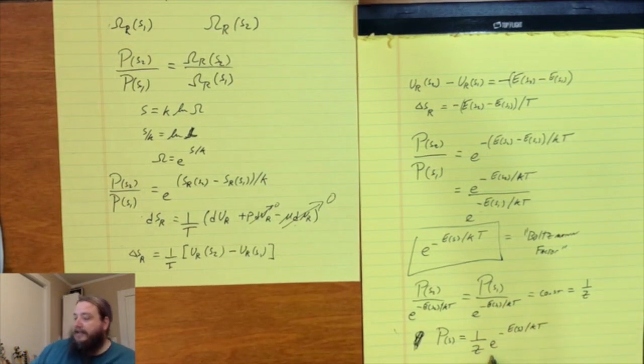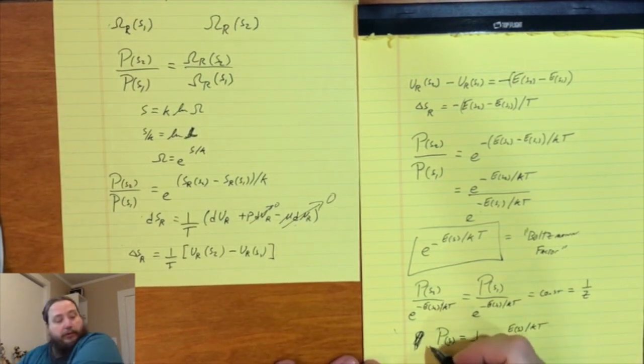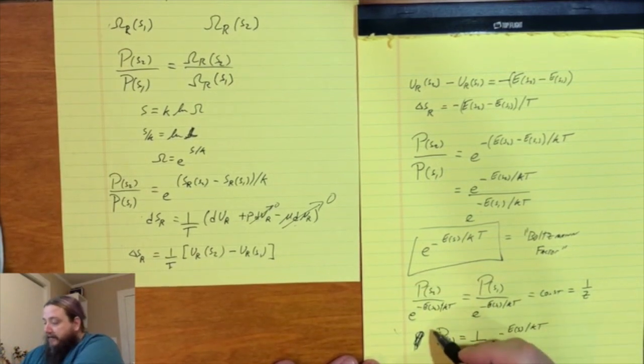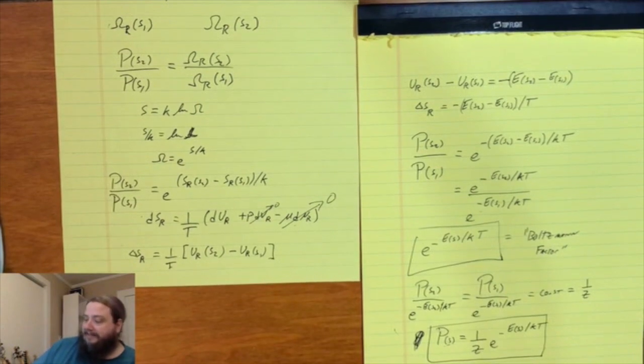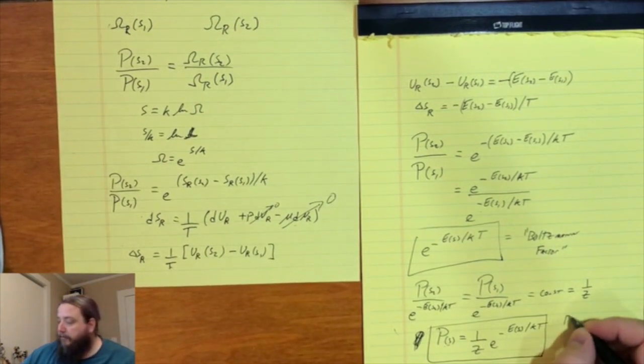So in other words, the probability of being in state S is just this factor 1 over Z times the Boltzmann factor for that state. And this we call the Boltzmann distribution.